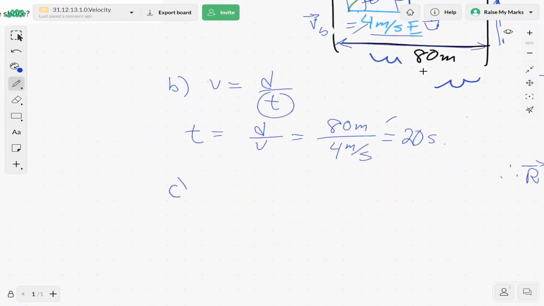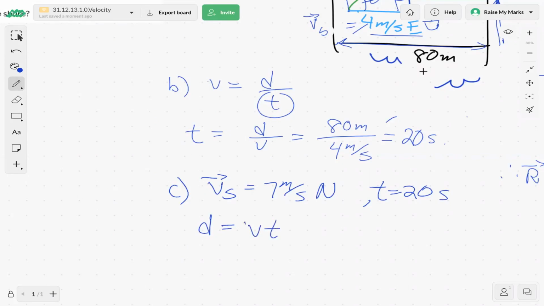All right, so part C, we know our velocity of the stream is 7 meters per second north. We know our time is 20 seconds. So to find our distance downstream, we're going to use our formula, speed times time.